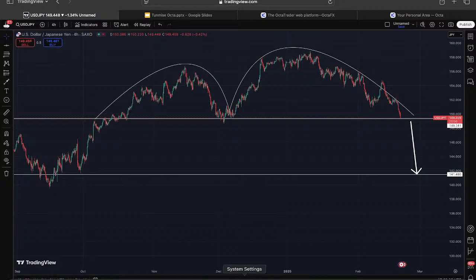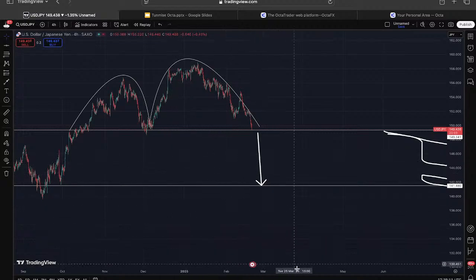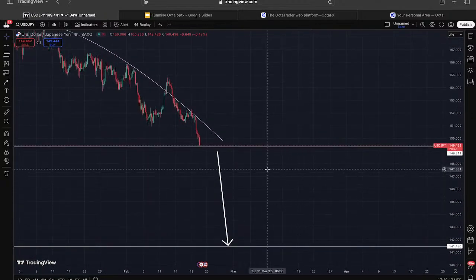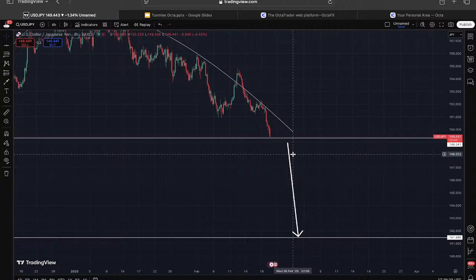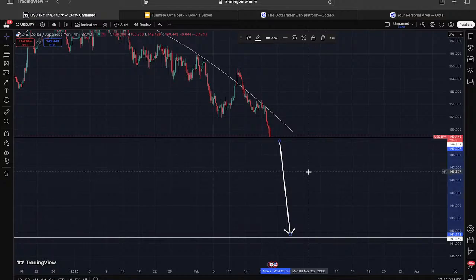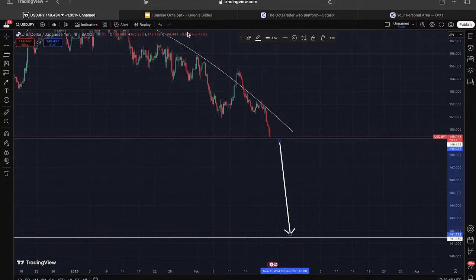All that we can see is bearish momentum building up. And that's it. Do we have any question before we proceed?